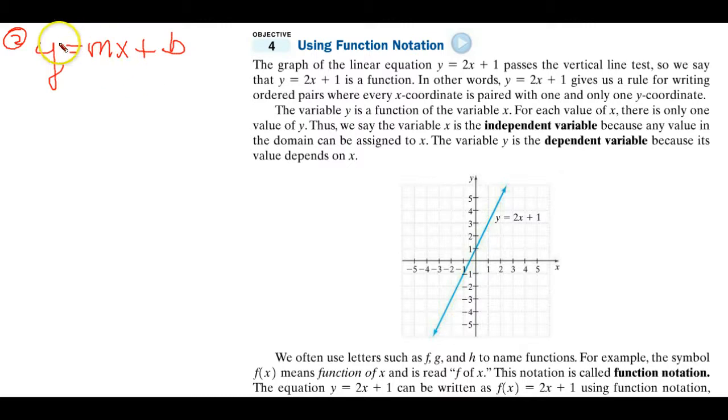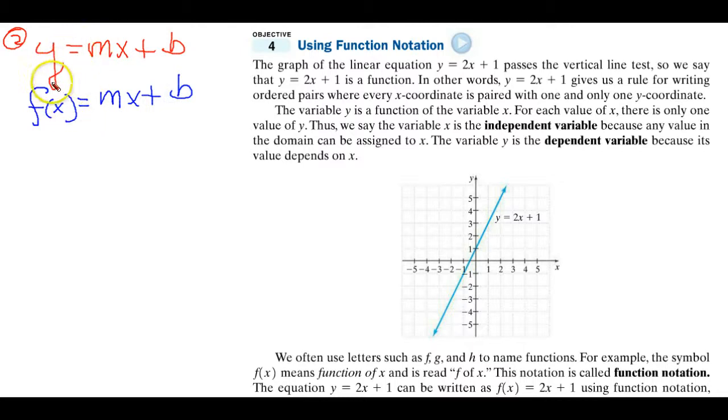Well, we can modify the y by changing it to function notation and saying f of x is equal to mx plus b.